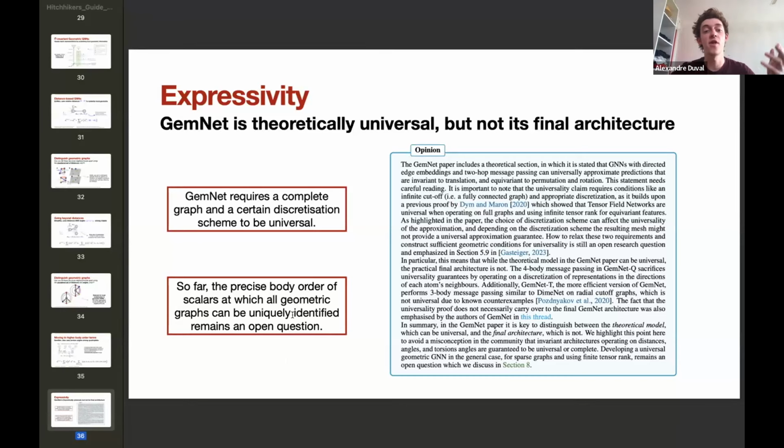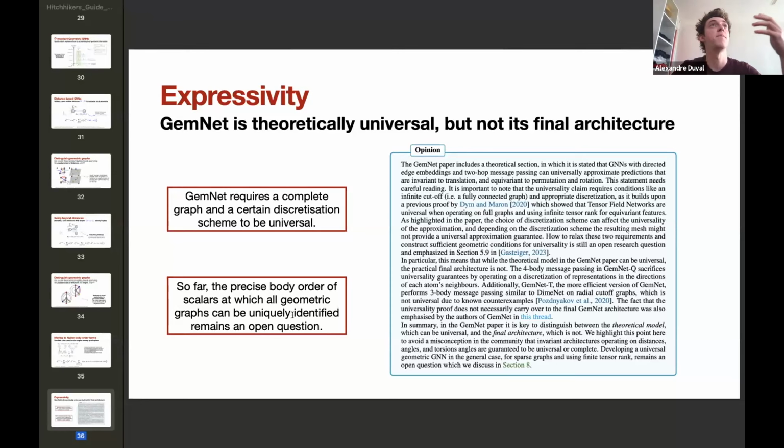And this is the case for the theoretical version of GemNet. And I think the authors have even said it, that the practical GemNet architectures do not always use this complete graph and use a specific discretization scheme that does not make it universal, although it's still very expressive.